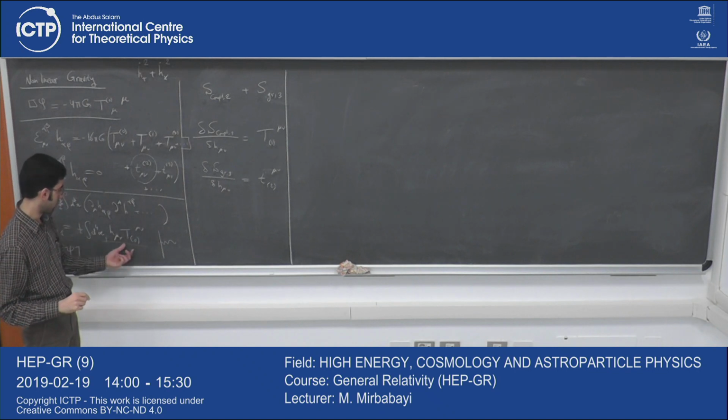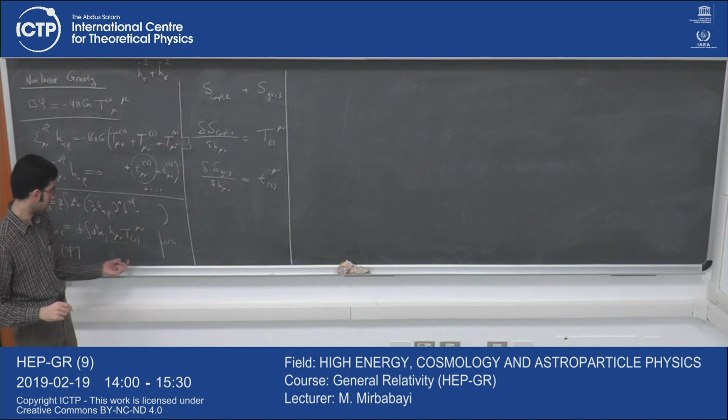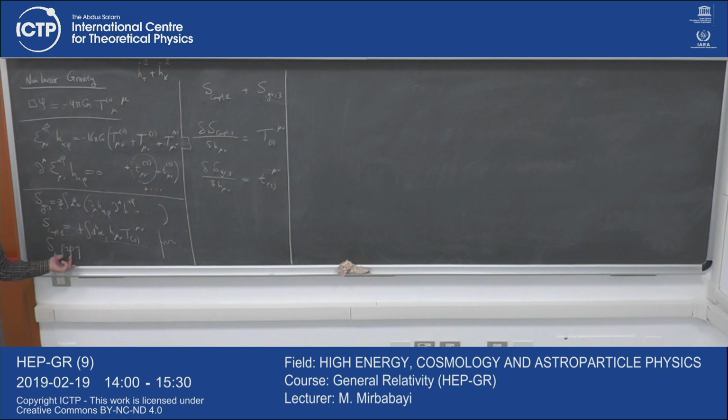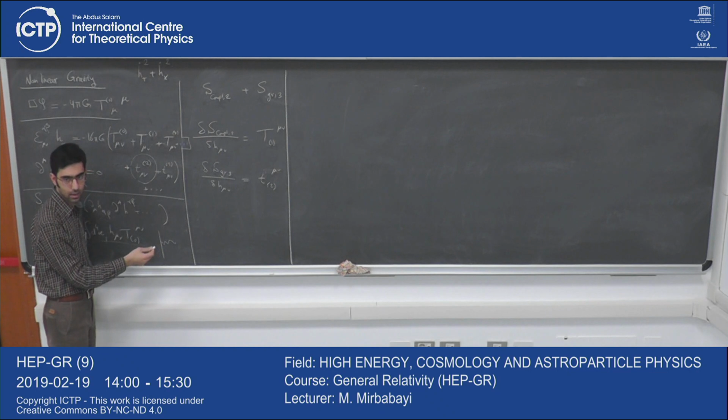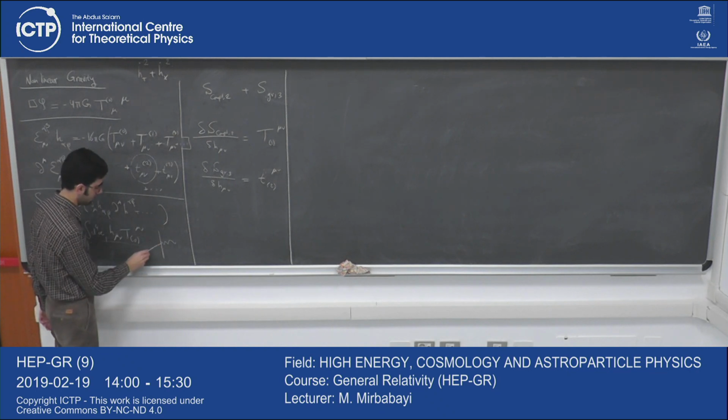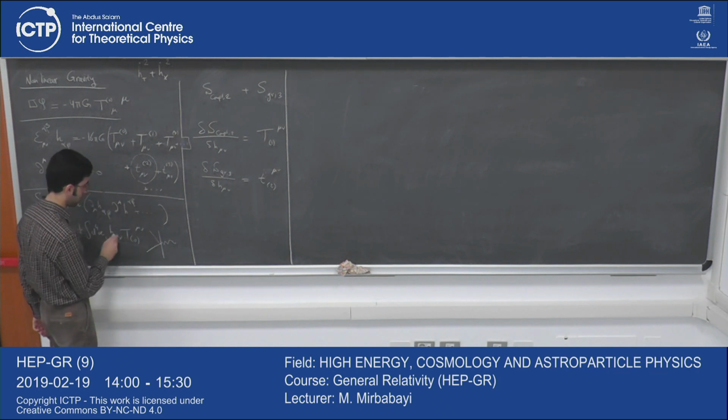Or if this matter action was interacting, it could have more matter fields connected at the same vertex. So in principle it could include more matter fields, but only one graviton.